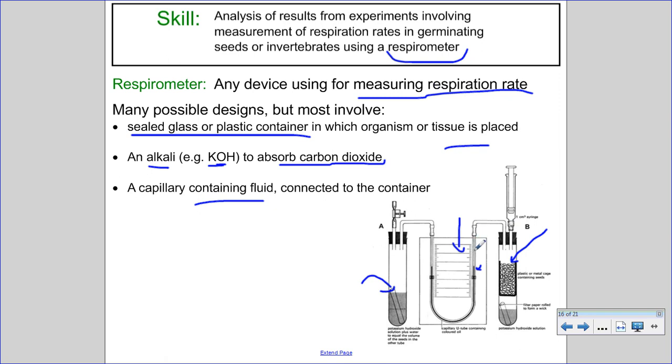Graduation markings placed by the capillary tube can give an indication of what distance, or mostly what volume, the fluid would have moved, and you can use that to measure the quantity of CO2 that has been generated.